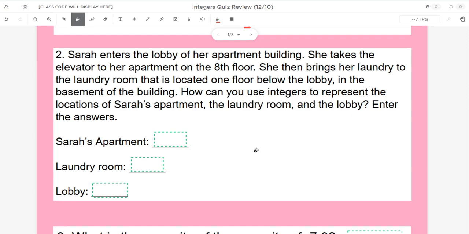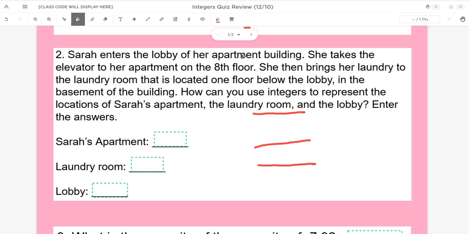Enter the answers. So what number 2 wants us to do is make a number line with a real life situation. Normally we make number lines going left to right, but I'm actually going to make this one going up and down, just because that's sort of how elevators work. It's just easier for our brains to think that way.